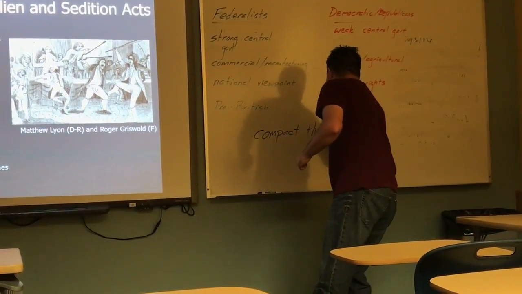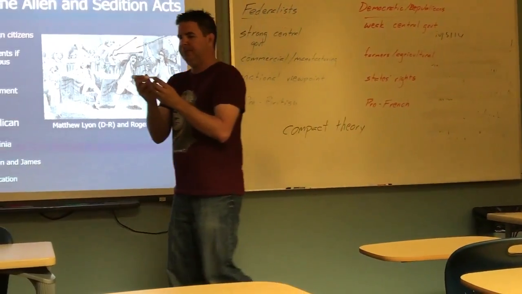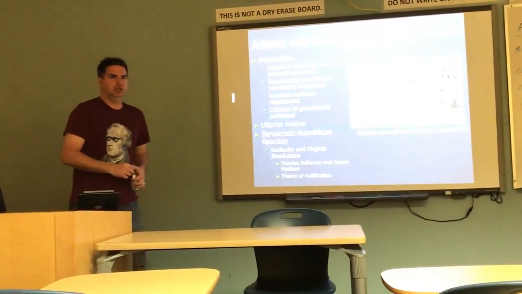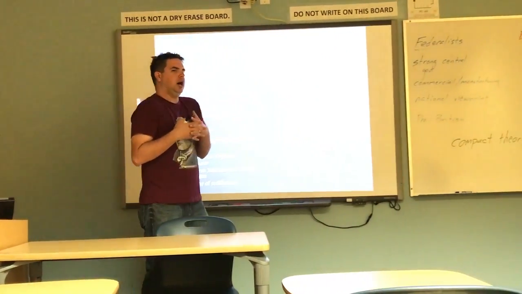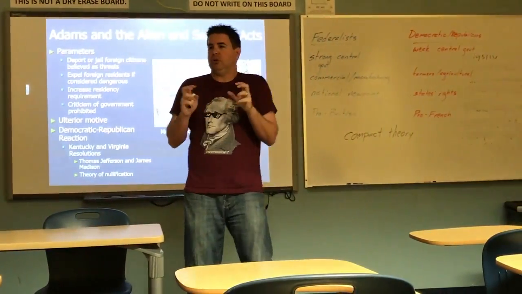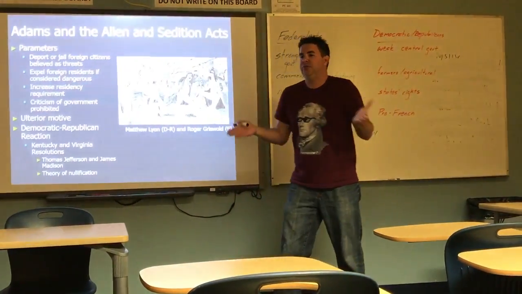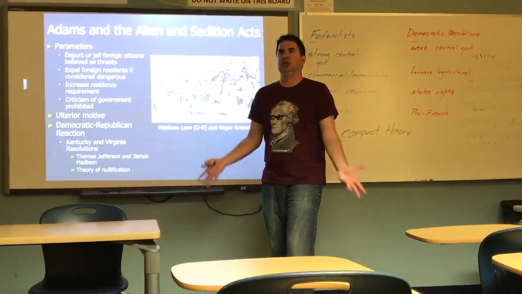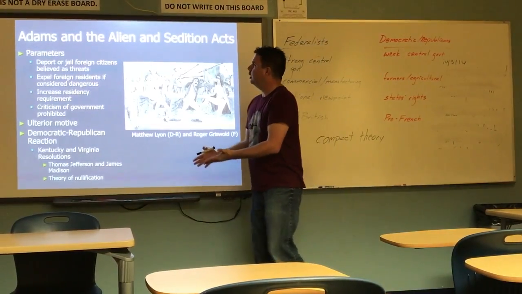And I'm planting a seed, okay? Compact theory. That when the states ratified the Constitution, they entered into a compact, this social contract. The idea that the federal government will do its responsibility to guarantee a Republican form of government, make sure that they won't go too far.